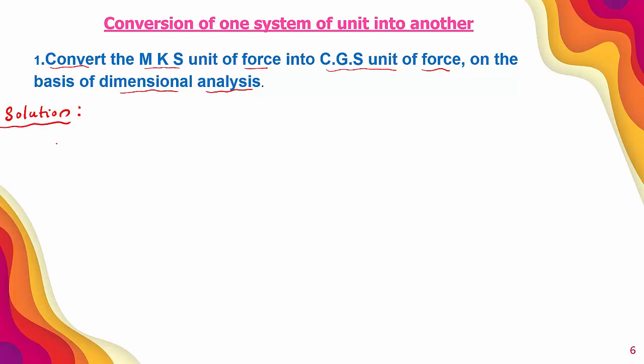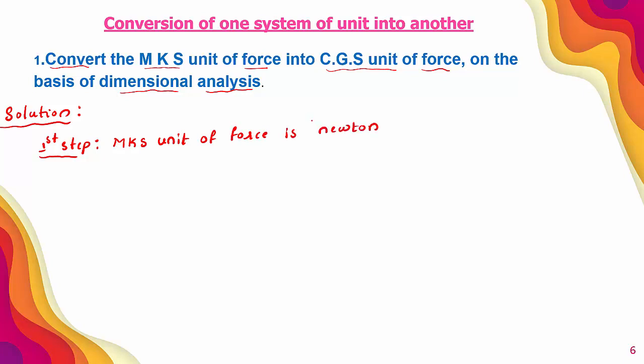Solution. So first I can write, just remember these steps. First step, we have to write the MKS unit of force. First, we have to know the unit of force. The MKS unit of force is Newton.